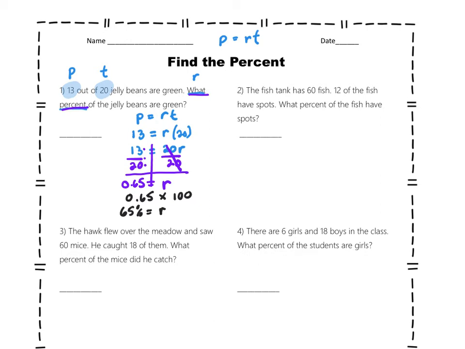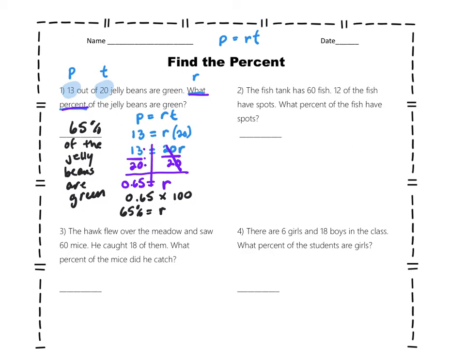So we're going to write that answer, 65%, on the line. And if we look at the problem, what did it say? 65% of the jelly beans are green. So that's how we do these problems.